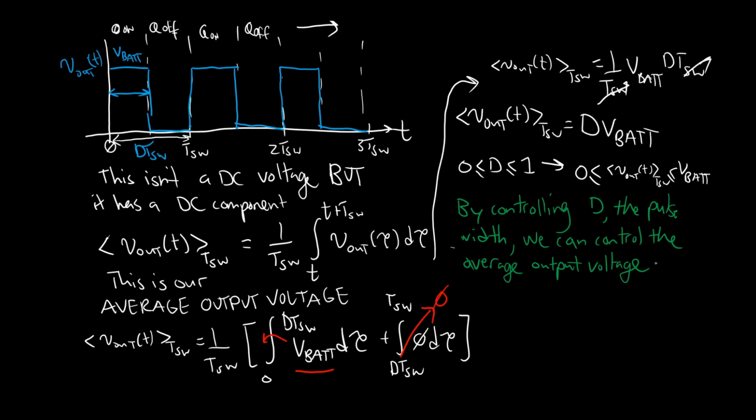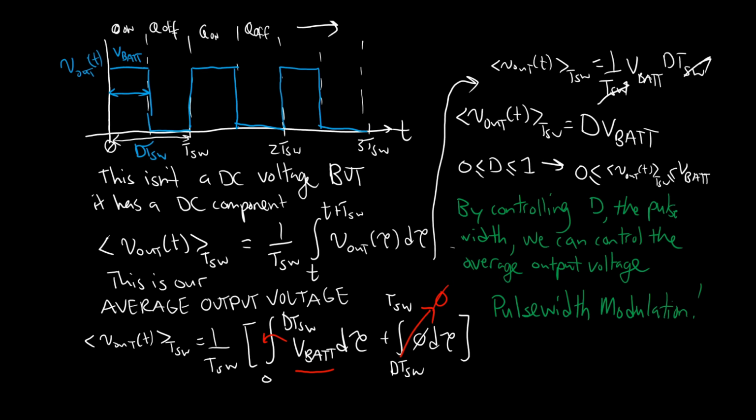So this is known as pulse width modulation. We can control the output voltage simply by varying how long the switch is on in relation to the full switching period. So the longer it's on, the higher the average output voltage, and the shorter it's on, the lower the average output voltage. So that's cool. We can now control our output voltage simply by controlling how long the switch is on.